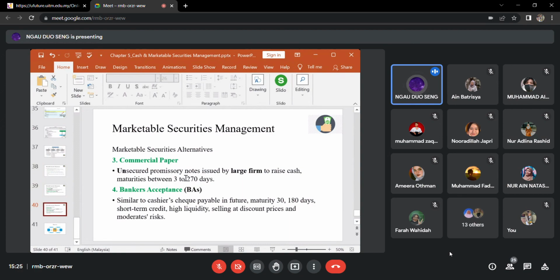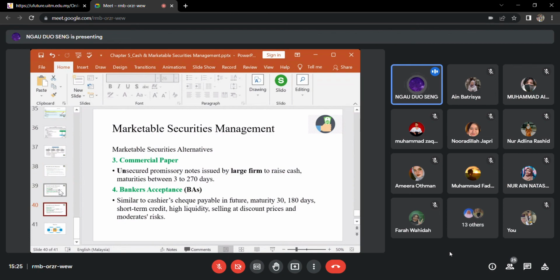Next, we have commercial paper: an unsecured promissory note issued by a large firm like Petronas to raise cash, with maturity between 3 to 270 days. Number 4, we have banker acceptance. It is similar to a post-dated cheque, payable in future, maturity 30 to 180 days, short-term credit, high liquidity, sold at discount, moderate risk.